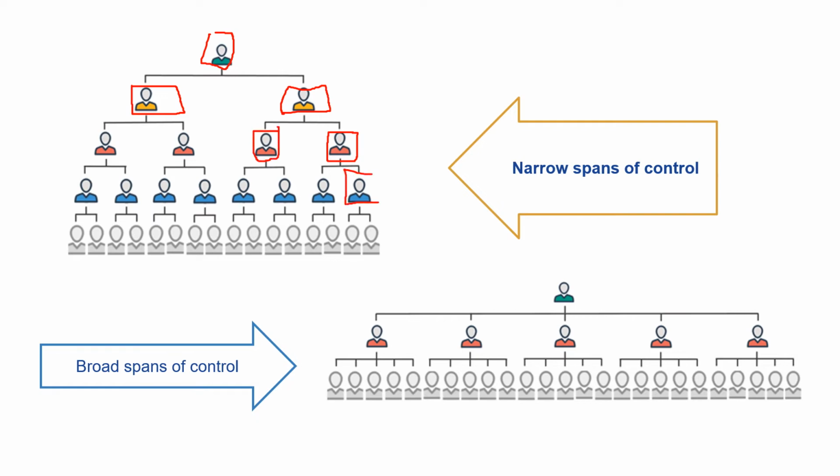So that is what we call the narrow span. But if we have a broad span of control, like in this example, the manager here will require more detailed reports from all of the managers under him.